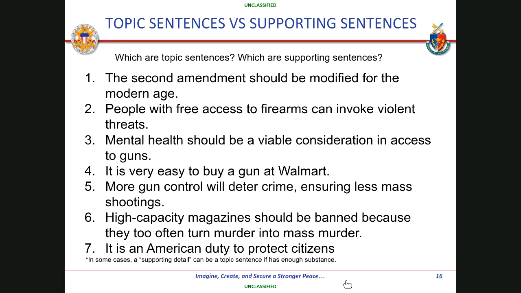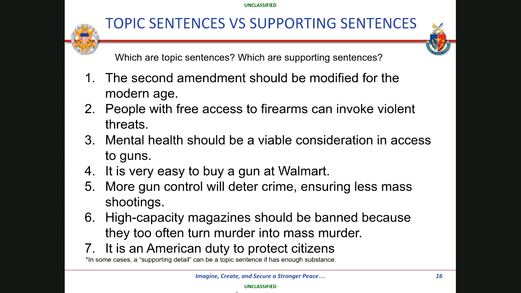Why? It's a topic sentence because I think it can be discussed and also it needs to be supported by evidence.